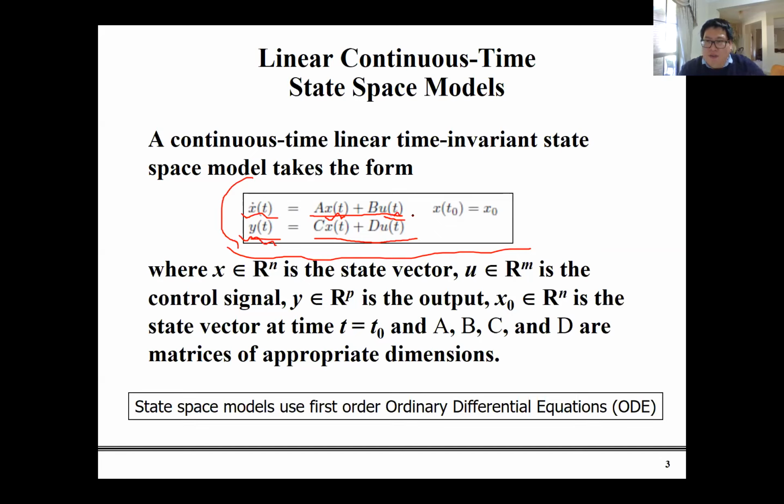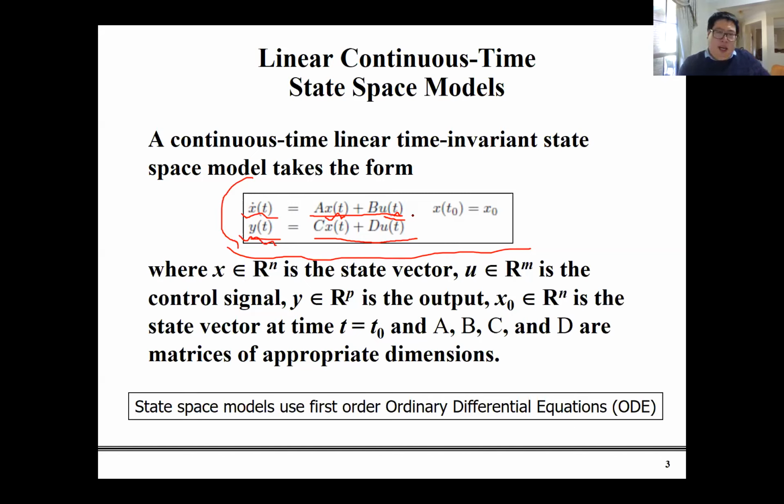Which means if time changes, x, y, and u will change. And in this case, they are continuous. So all x, y, and u are continuous with respect to time.